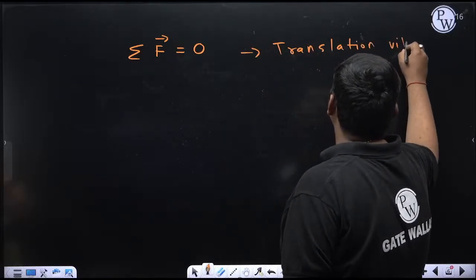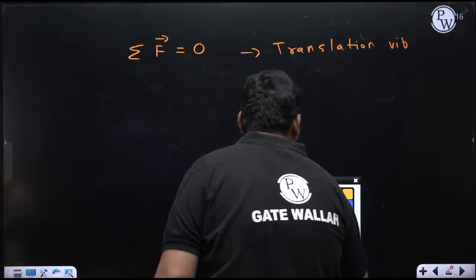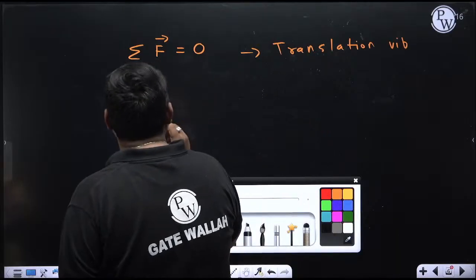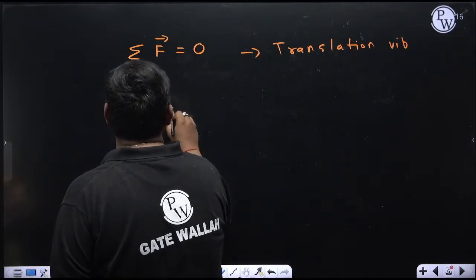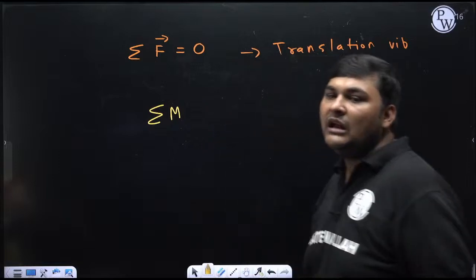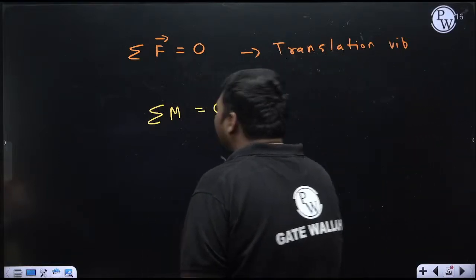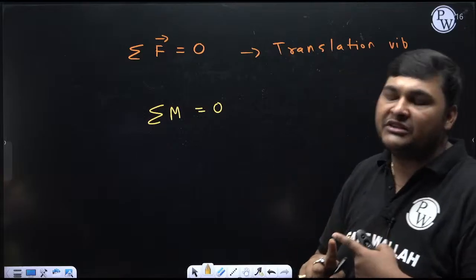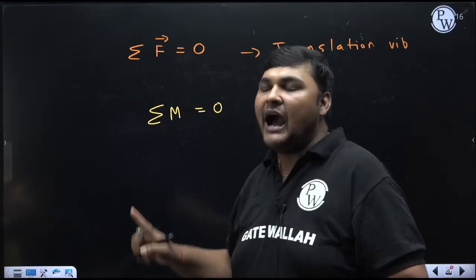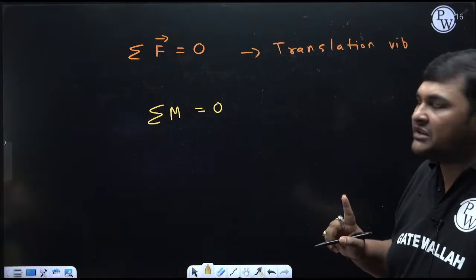Similarly, when it is having rotational vibration, can I say the summation of moment about any point will be 0 after involving inertial forces or inertial moment, whatever is coming here? I will explain how to calculate inertial force or inertial moment.